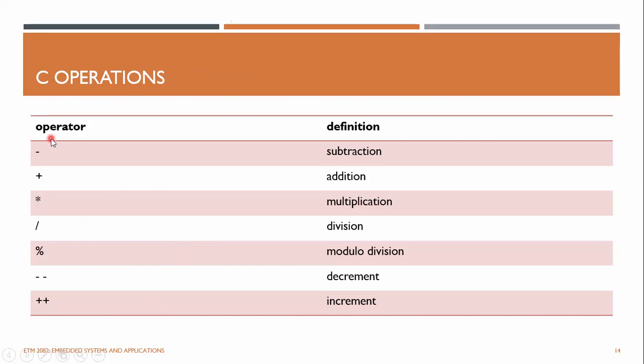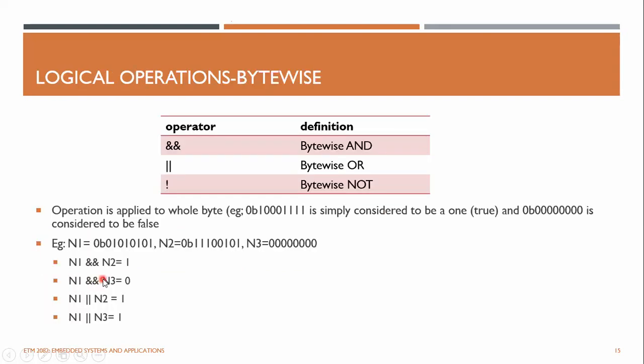And these are the key C operators. There's subtraction, addition, multiplication, division, modulo division, decrement, and increment. And there are some logical operations. The logical operations are byte-wise. Byte-wise means a single byte, 8 bits, right? So if you have AND, that is byte-wise AND.